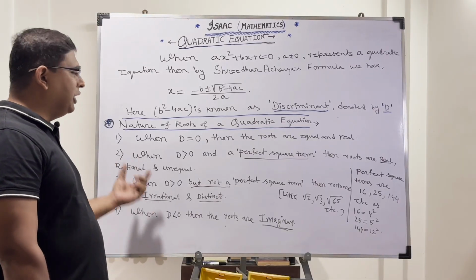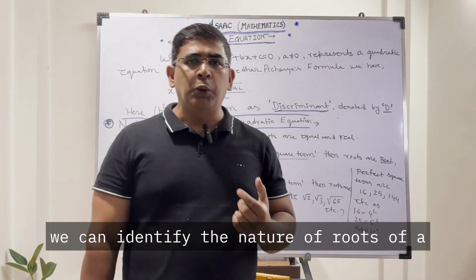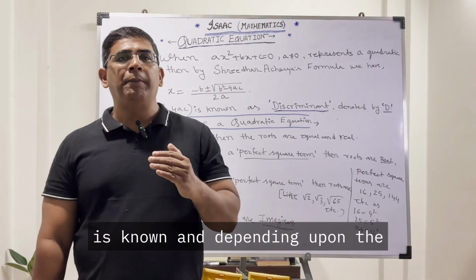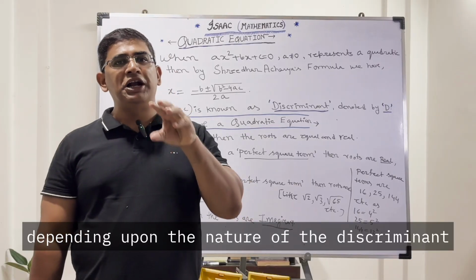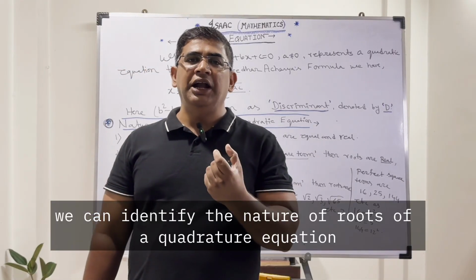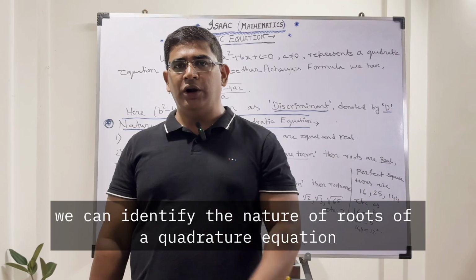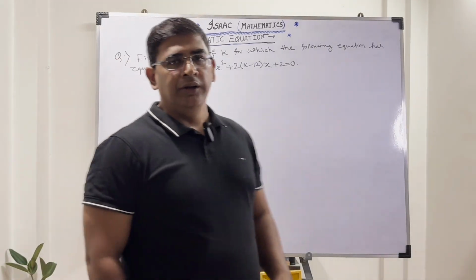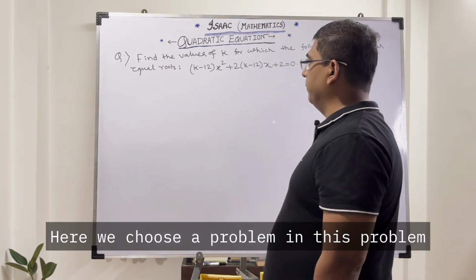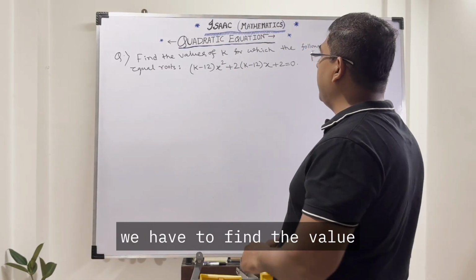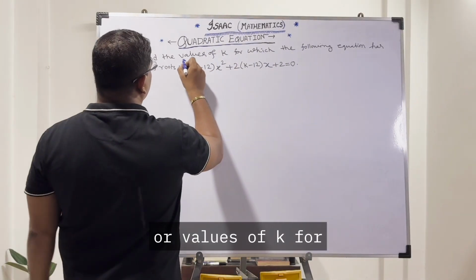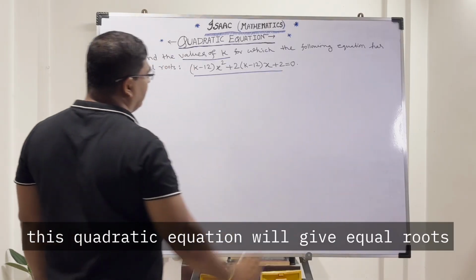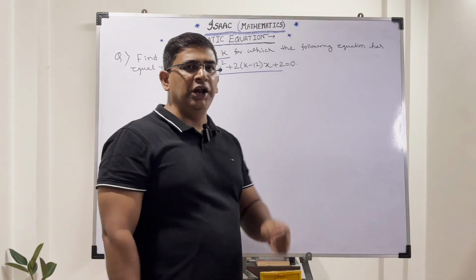So we can identify the nature of roots of a quadratic equation when discriminant is known, and depending upon the nature of the discriminant, we can identify the nature of roots. Here we choose a problem. In this problem we have to find the value or values of k for which this quadratic equation will give equal roots.